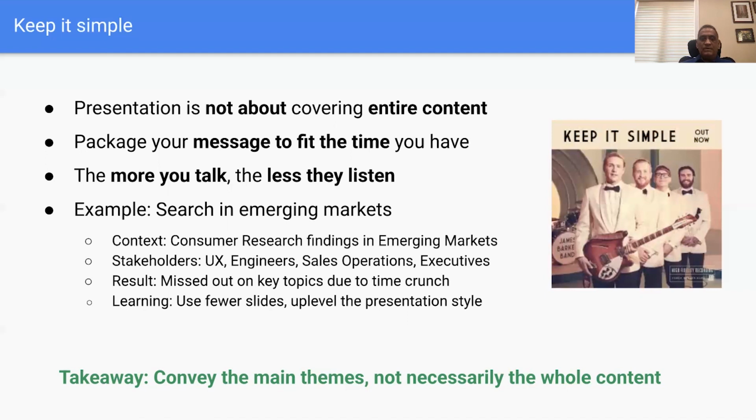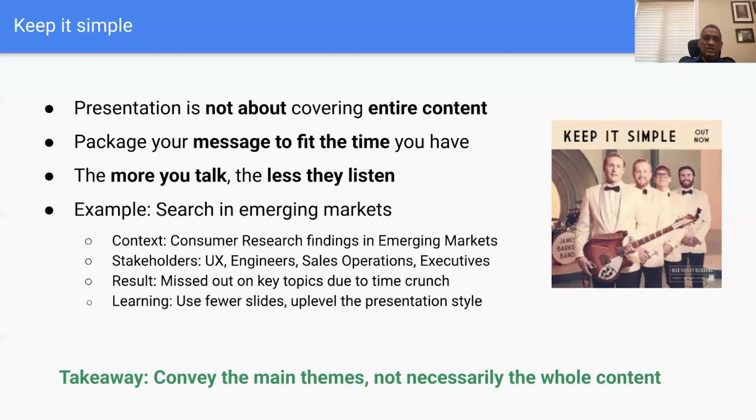So now looking back, the key learning from this is that as a presenter, you have to assess what key messages you would like to communicate in a given amount of time. In this particular case, the UX researcher had to present the findings, which would have needed about 10 to 15 minutes.